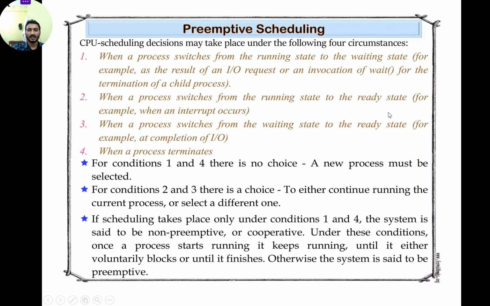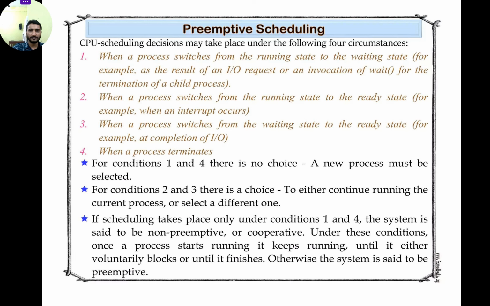When a process goes for IO work, we can give a second process a chance to use the CPU. So this is the difference between preemptive and non-preemptive process. We can stop a preemptive process, but we cannot stop a non-preemptive process in the middle. A non-preemptive process runs from start till its termination.